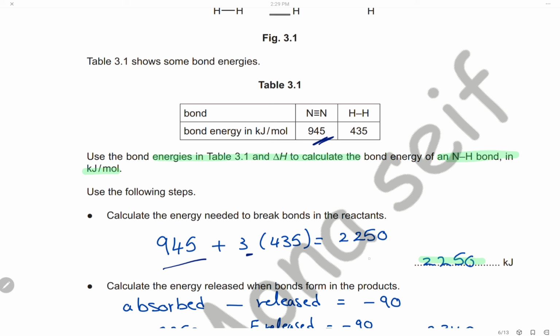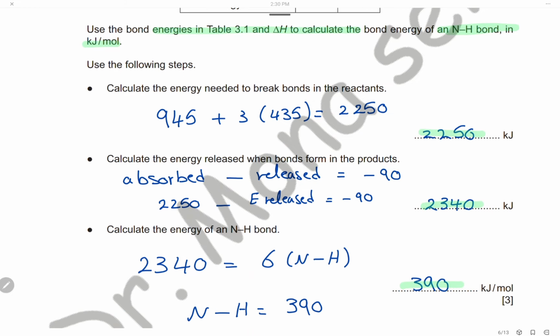The total energy needed to break the bonds will be 2,250. Then we will use the equation: the energy absorbed to break the bond minus the energy released equals the delta H, which is minus 90. We have the value of the delta H and the value of the energy absorbed. We can calculate the energy released, which will be 2,340.